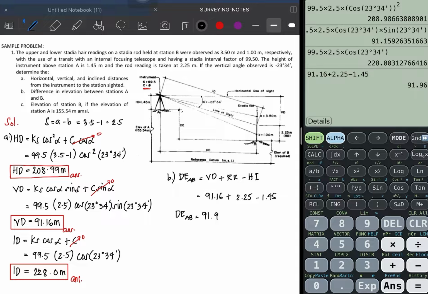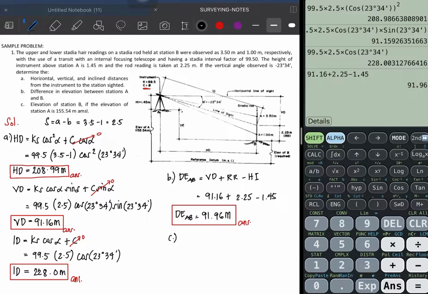Okay, so that is 91.96 meters. Okay, so this is the answer.